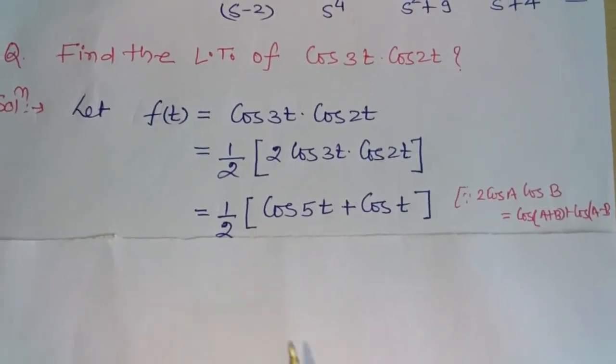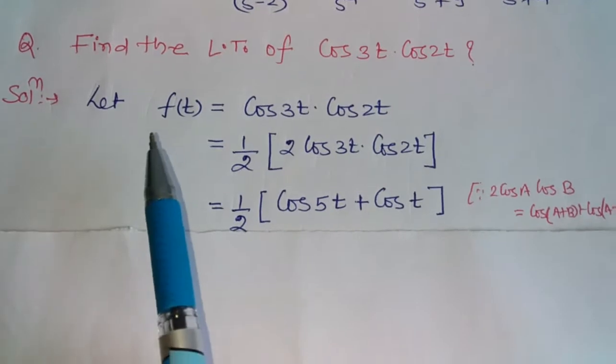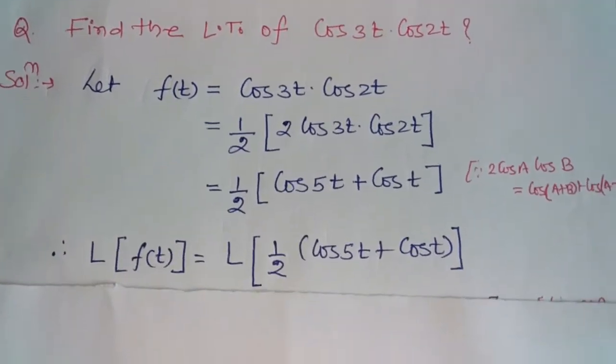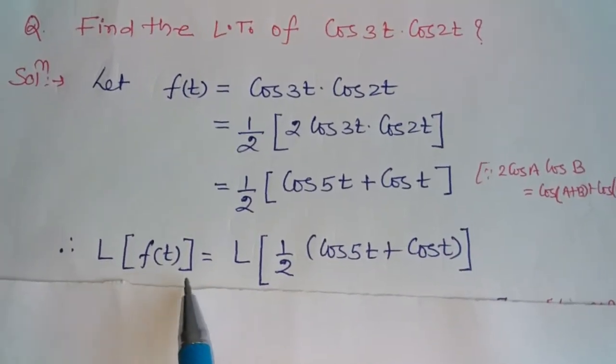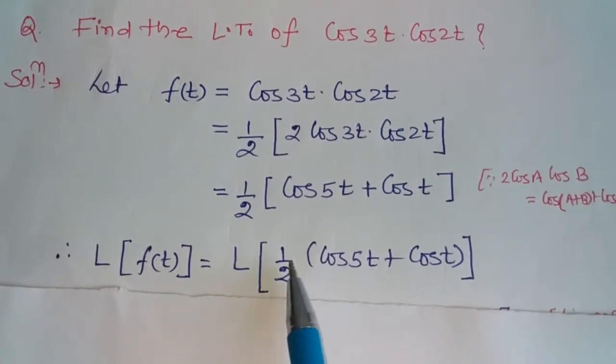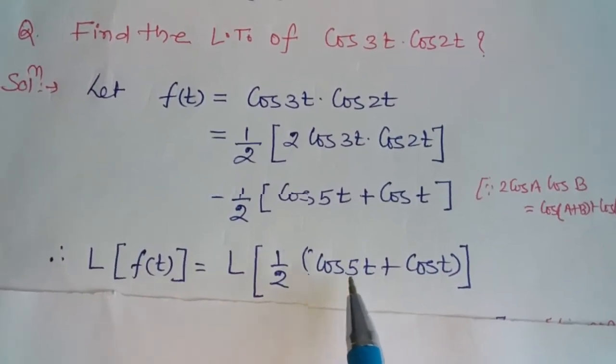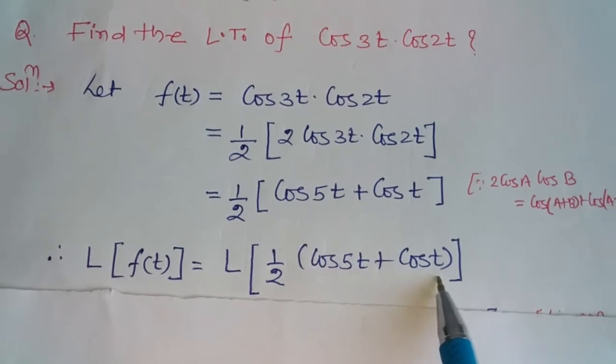Now taking the Laplace transform of f(t), we get Laplace transform of f(t) is equal to Laplace transform of 1 by 2 [cos 5t plus cos t].